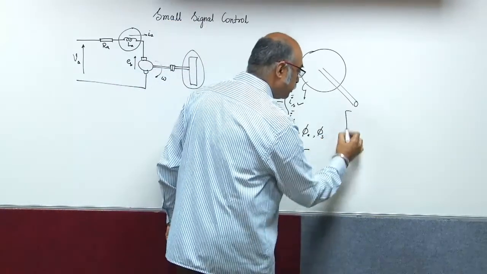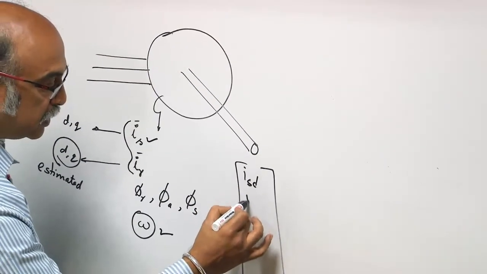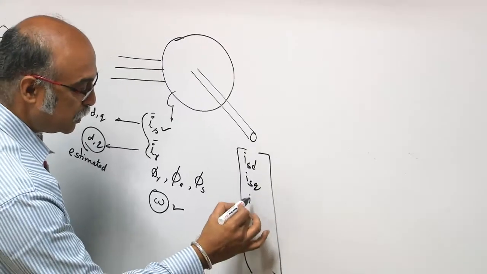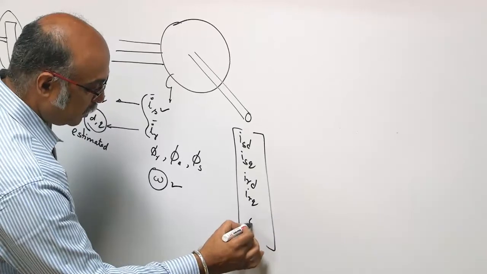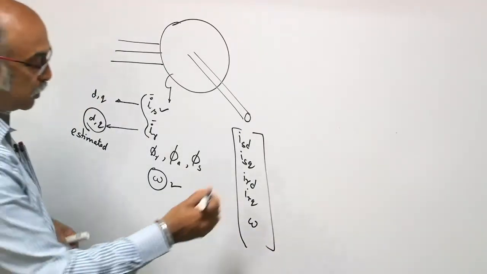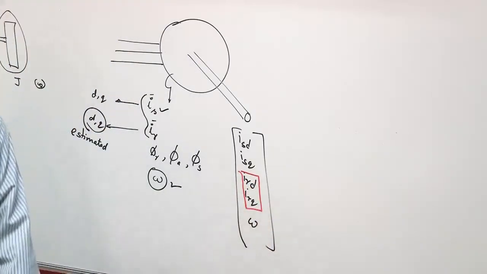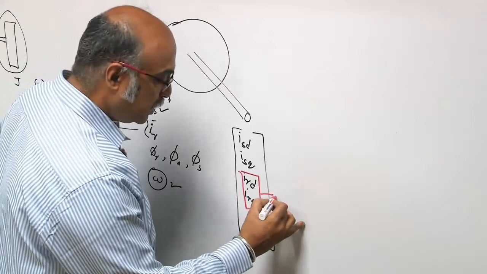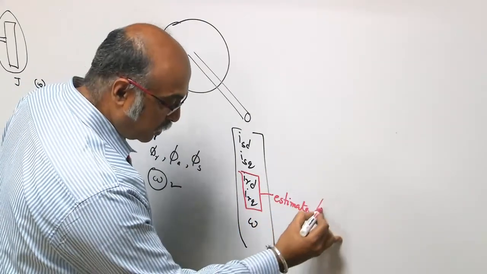What I will do, I will put them all, bunch them all together, ISD, ISQ, let us say IRD, IRQ and omega. These alone you are not able to measure. So, what you will do? You will estimate or observe.